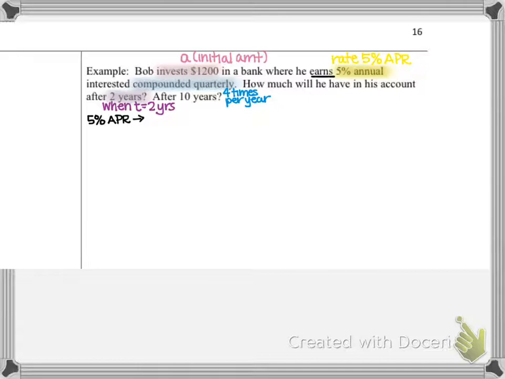I'm going to take my 5%, which is currently from January through December, and break it up into 4 even chunks: the first quarter, the second quarter, the third quarter, and the fourth quarter. So I am going to take my 5% and divide it by 4, since 4 represents the number of quarters per year.